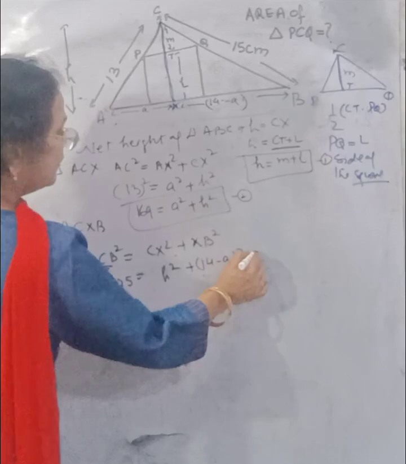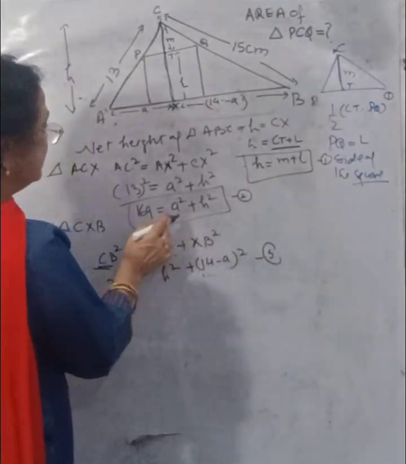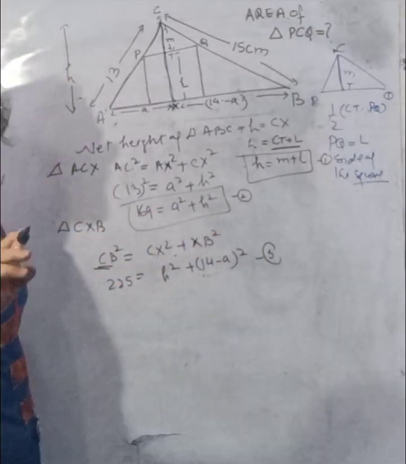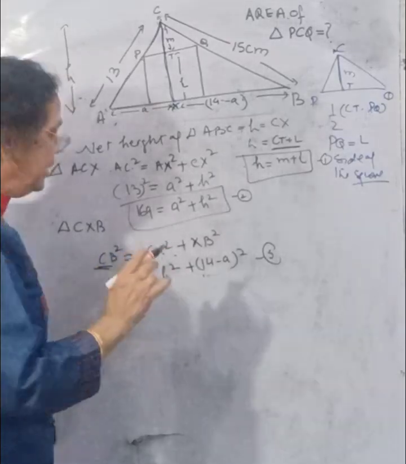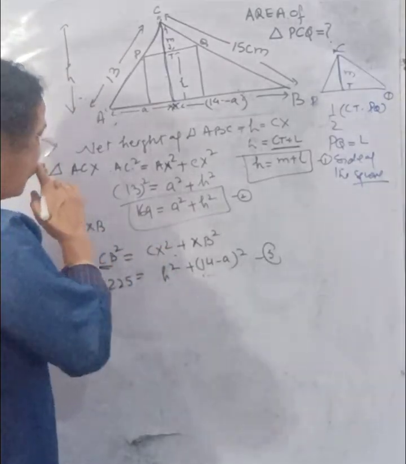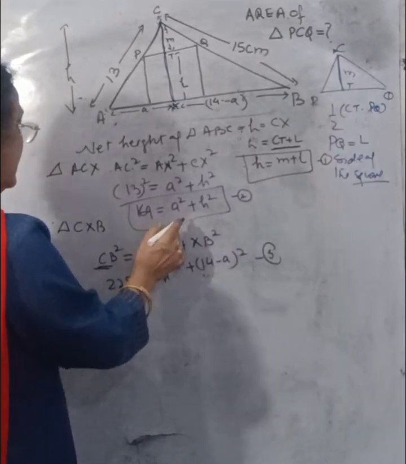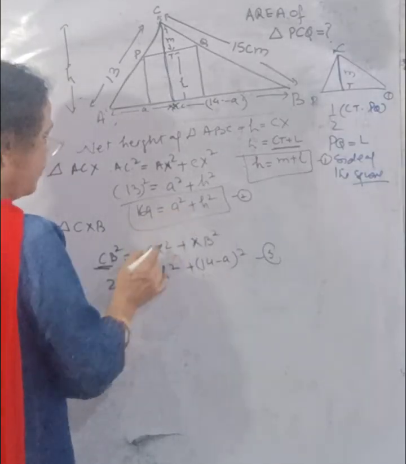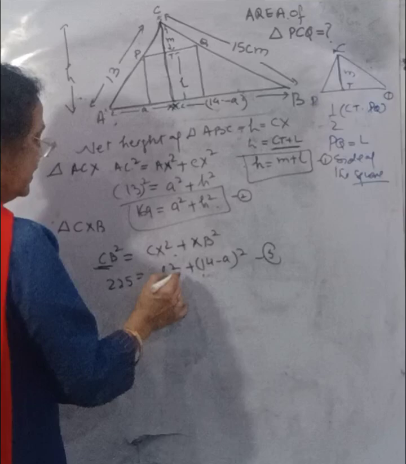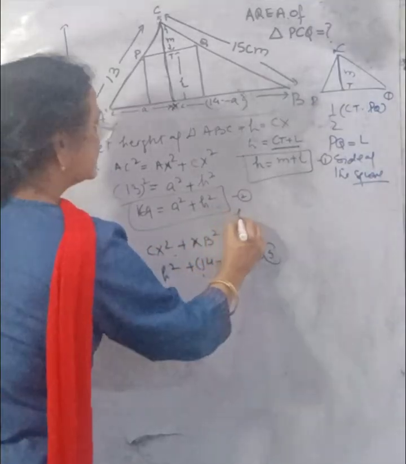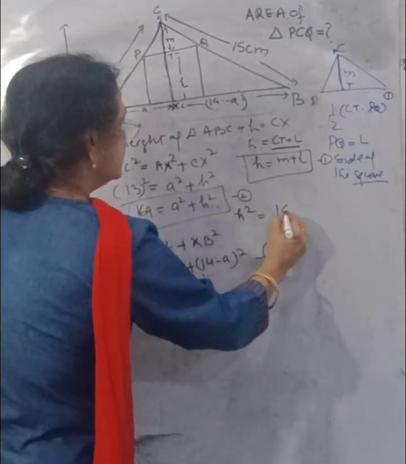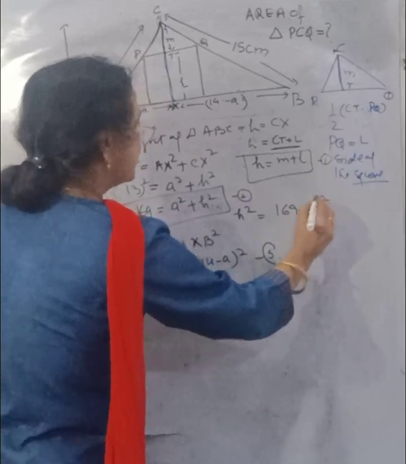Now we have two equations with a relation between A and H, from which A and H can be found individually. In place of H square, we can write H square as 169 minus A square.